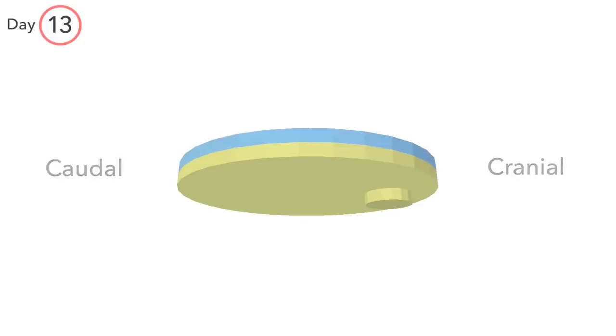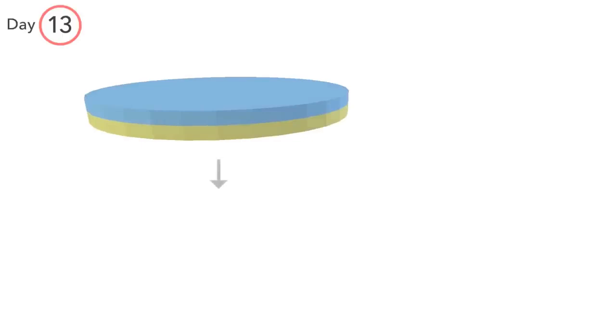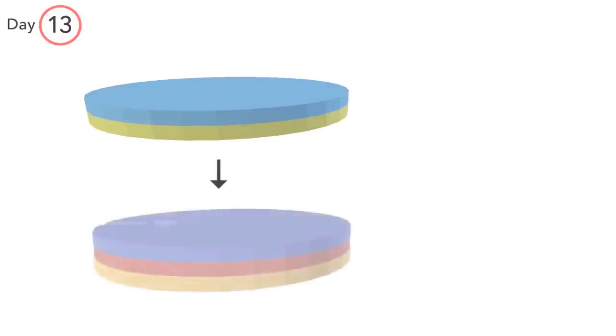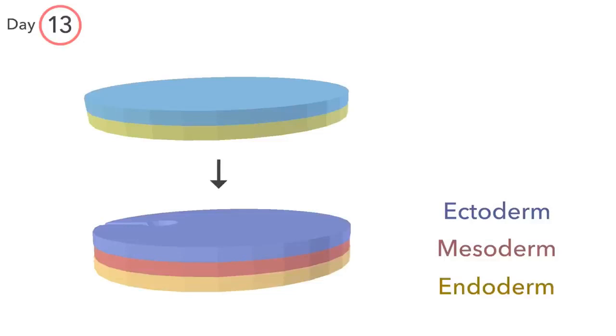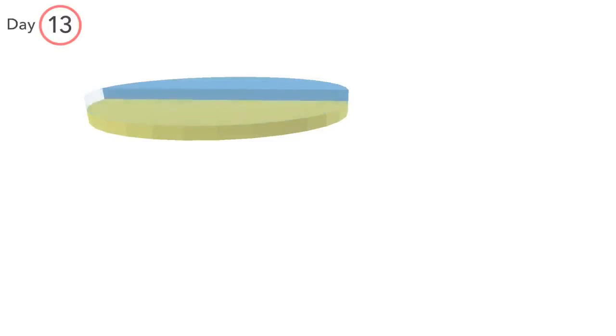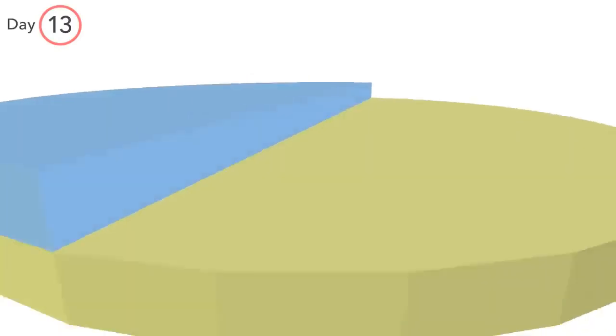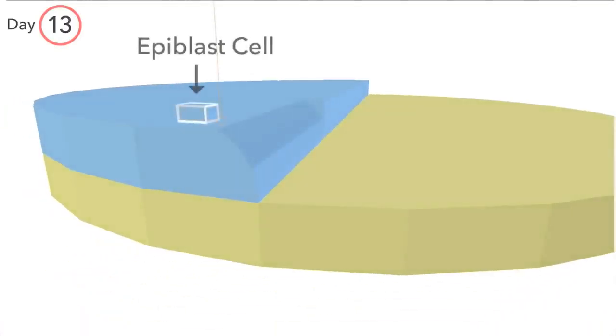The end point of gastrulation is the formation of a trilaminar disc made up of ectoderm, mesoderm, and endoderm. The cells that make up these layers were all once of the epiblast. And this transition is achieved as follows. Cells of the epiblast migrate inward, downward, and then differentiate.